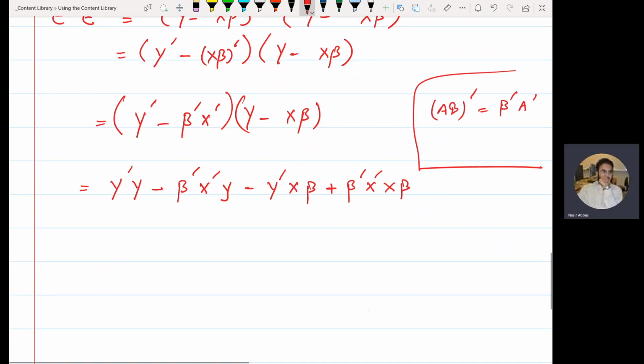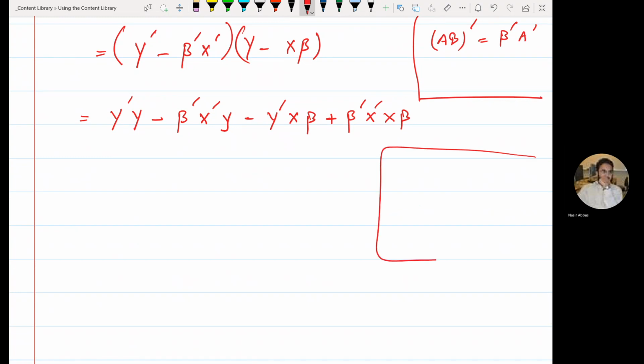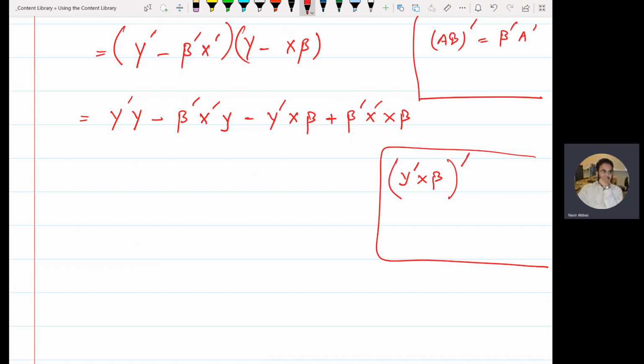Now, tell me, if I take this third term, y prime into x beta, and I take the transpose of this third term, what do I get? Again, the order will reverse. A into B transpose will be B transpose into A transpose. So I'll start from the right side.